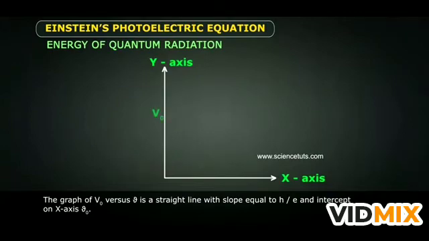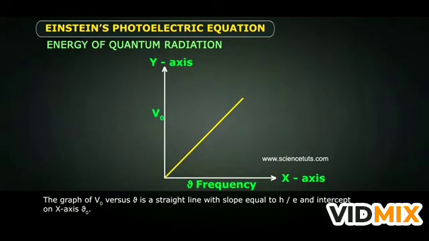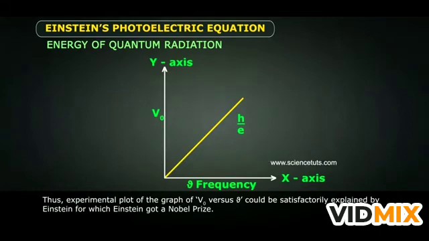The graph of V naught versus nu is a straight line with slope equal to h by e, that is, h per electron, and intercept on the x-axis nu naught. Thus, the experimental plot of V naught versus nu could be satisfactorily explained by Einstein, for which Einstein got a Nobel Prize.